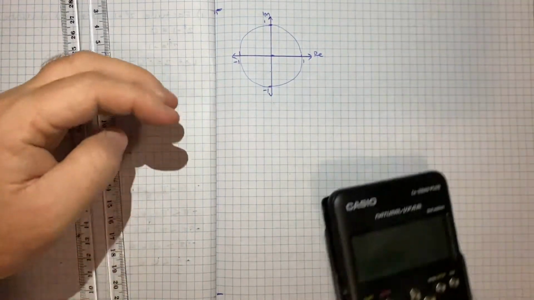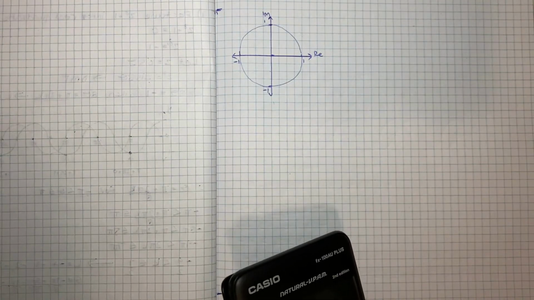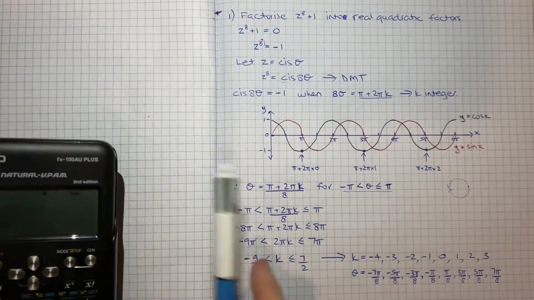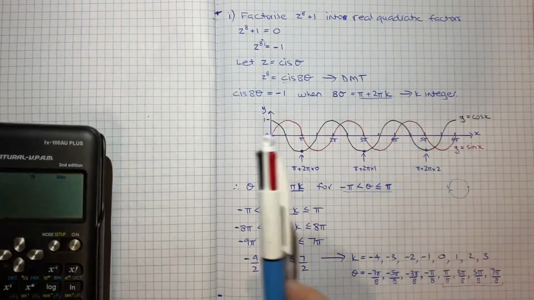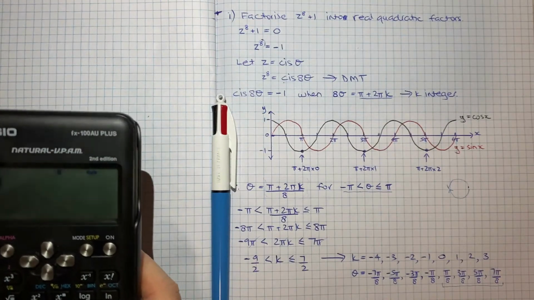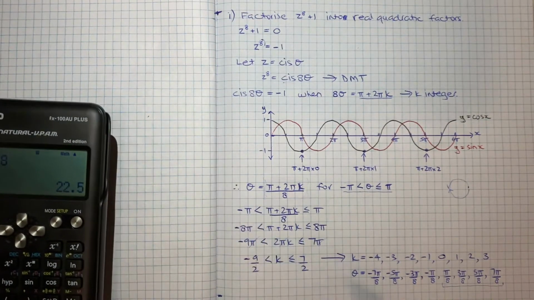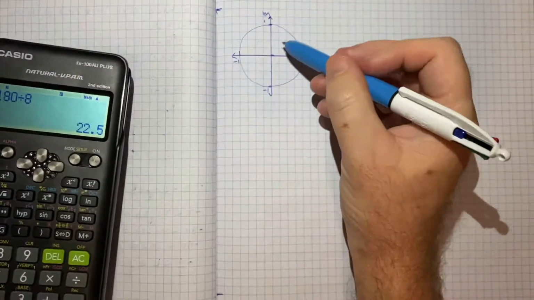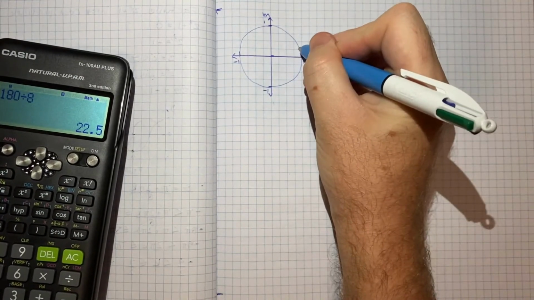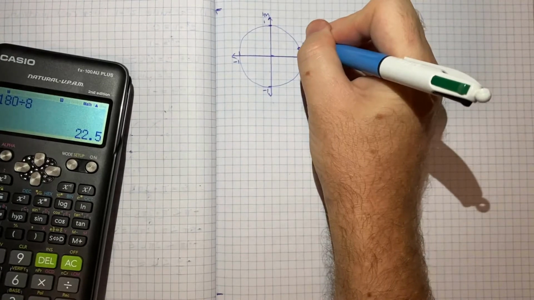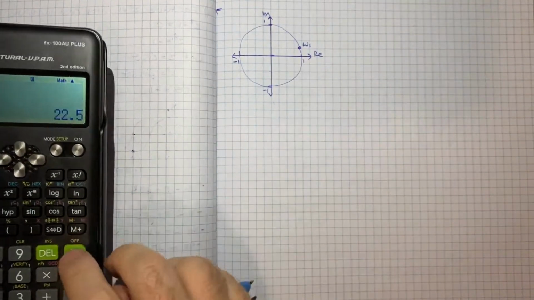And if I just get my calculator and work out the first angle that we're dealing with, I'll start from these positive arguments so that we work around the Argand plane. So 180 divided by 8 is 22.5 degrees. So if that's 45, 22.5 should be about here. So I'll call that omega 1.